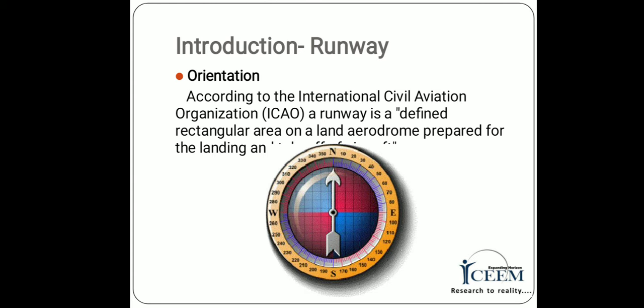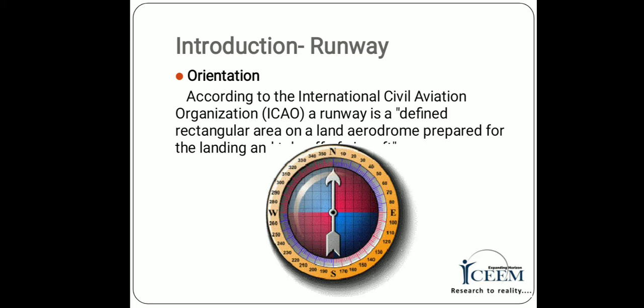According to the International Civil Aviation Organization, that is ICAO, a runway is a defined rectangular area on a land aerodrome prepared for the landing and takeoff of aircraft. The orientation of the runway is an important consideration in airport planning and design.